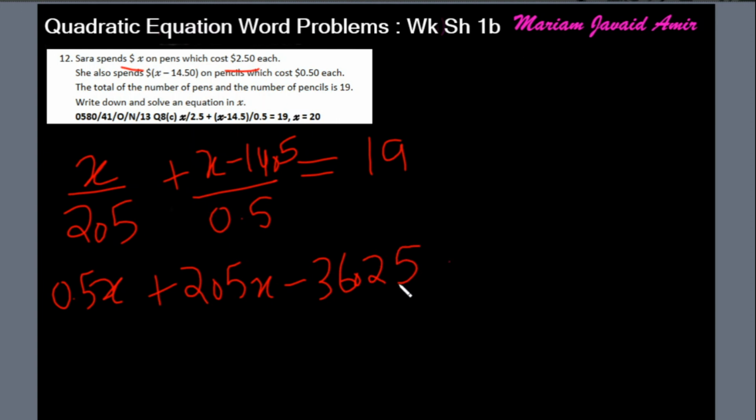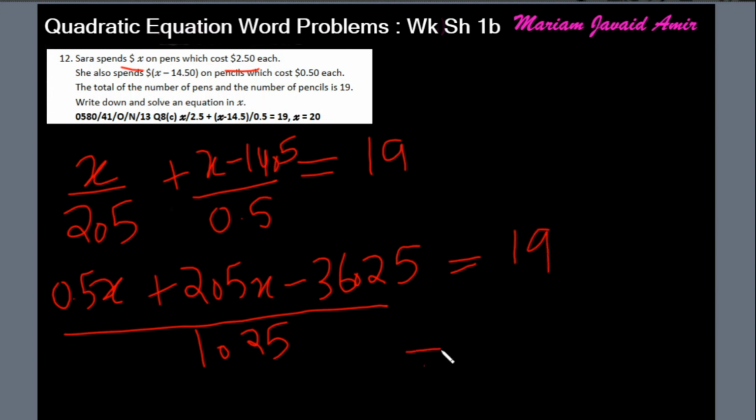36.25 equals the denominator, which is 2.5 times 0.5, which is 1.25, equals 19. Take 1.25 to the other side, multiply it with 19 and we get 23.75. This becomes 3x minus 36.25.